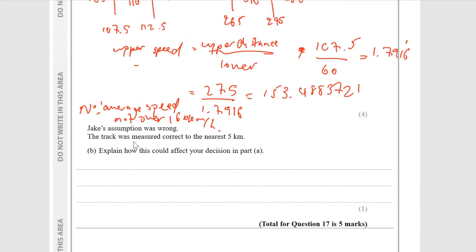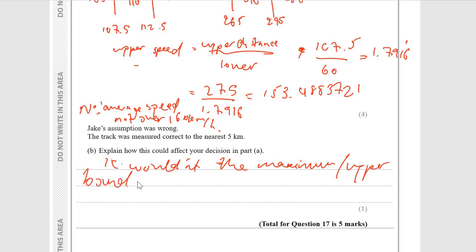Jake's assumption was wrong. The track was measured correct to the nearest 5 kilometers. Explain why this could affect your decision in part A. Explain how this could affect, and it wouldn't. The maximum speed, sorry, the maximum upper bound would be lower.